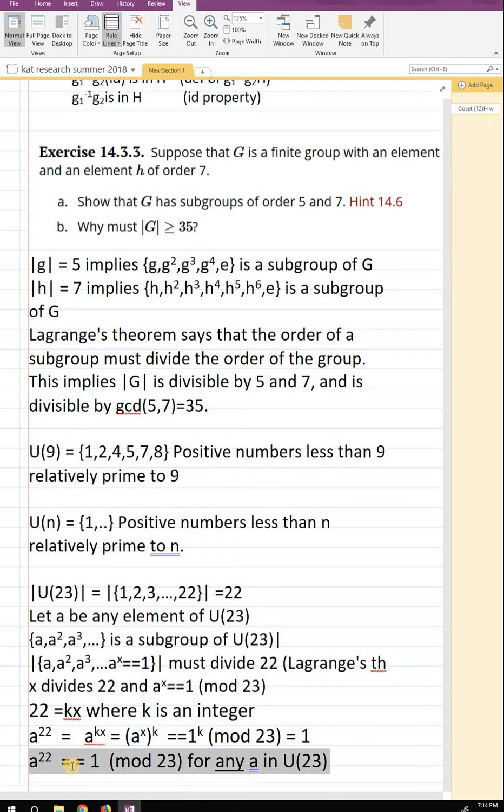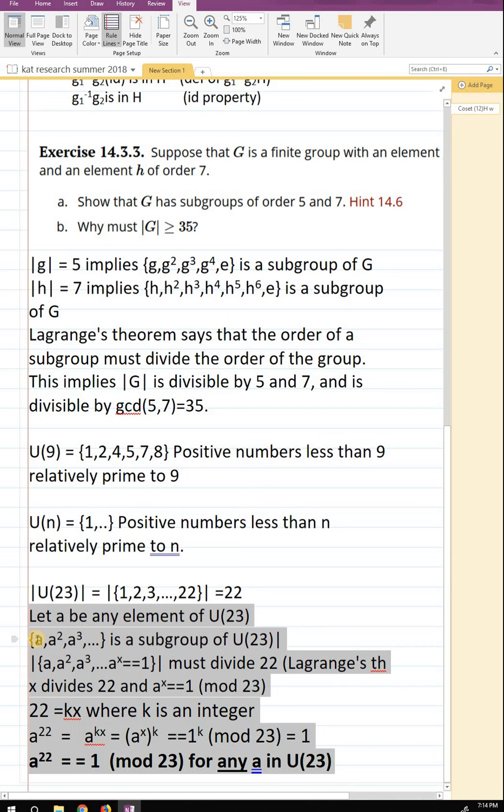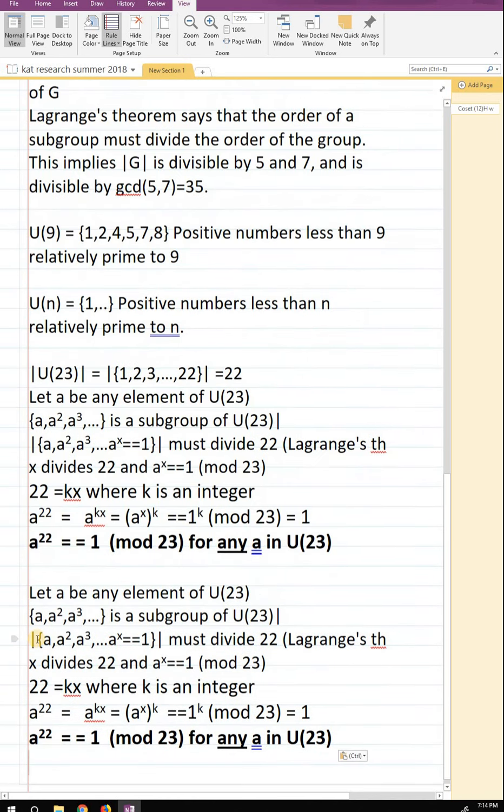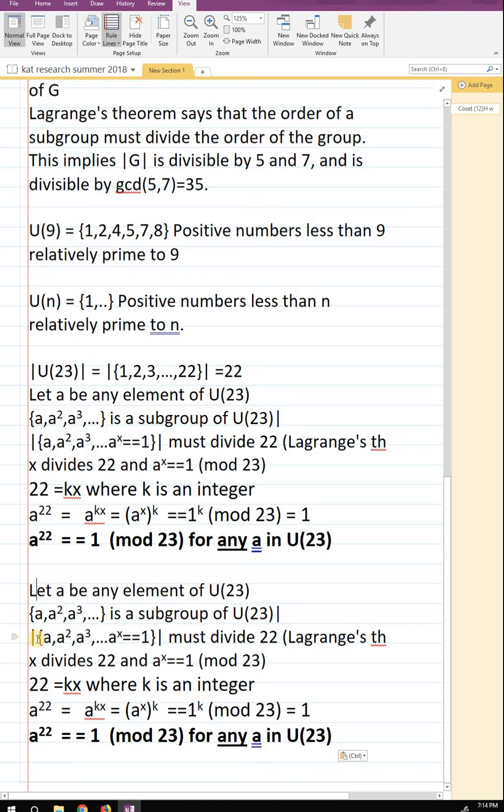So what can we say in general then? Well, all right. So what did we do here? Let's generalize this argument. Let a be any element of U of n. So this is a subgroup of U of n.